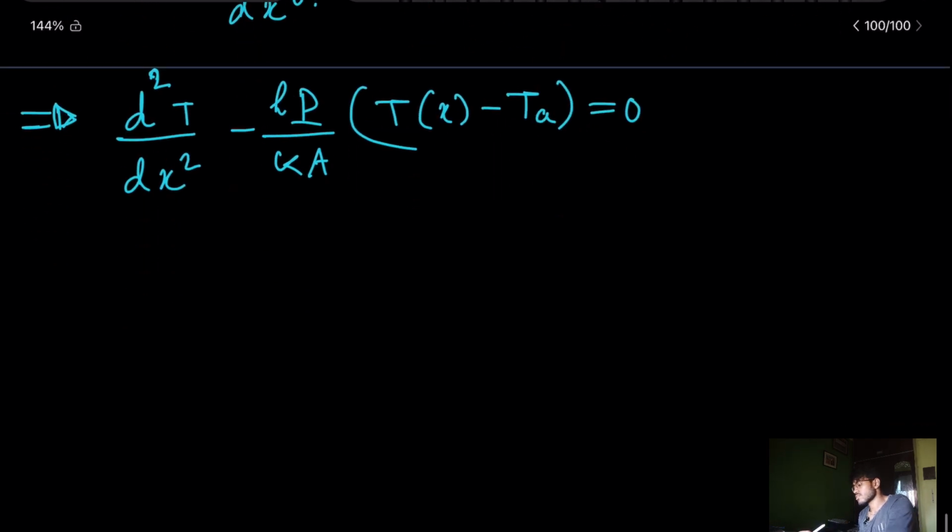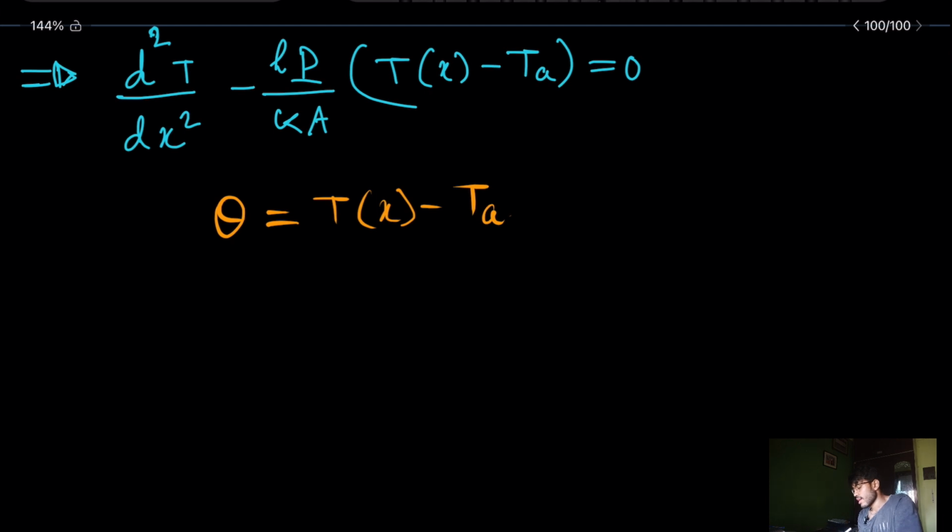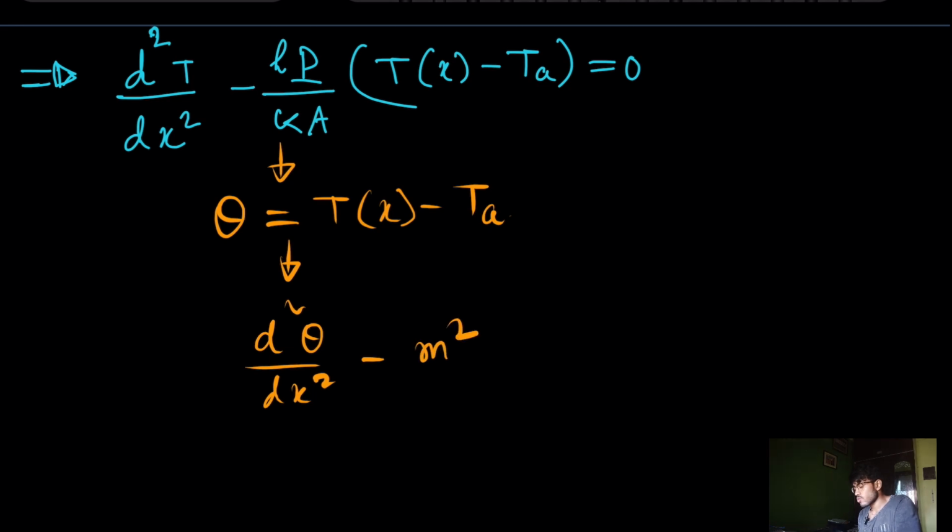Now T_a is a constant, so I can define a variable theta equal to T(x) minus T_a. Okay. And if I apply this transformation, this will become d2 theta by dx2 minus, I will term this as m square into theta is equal to 0.